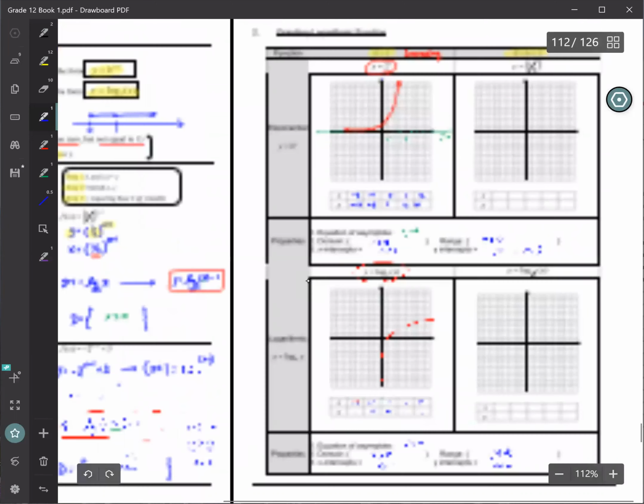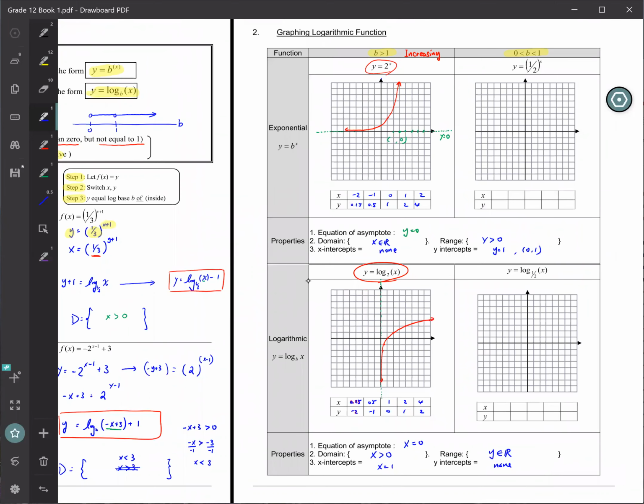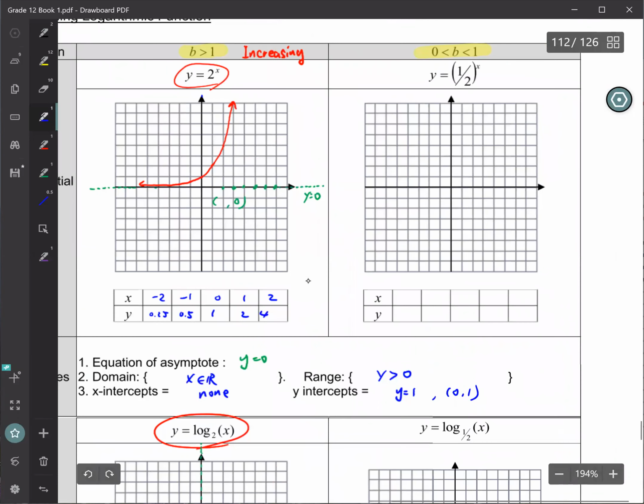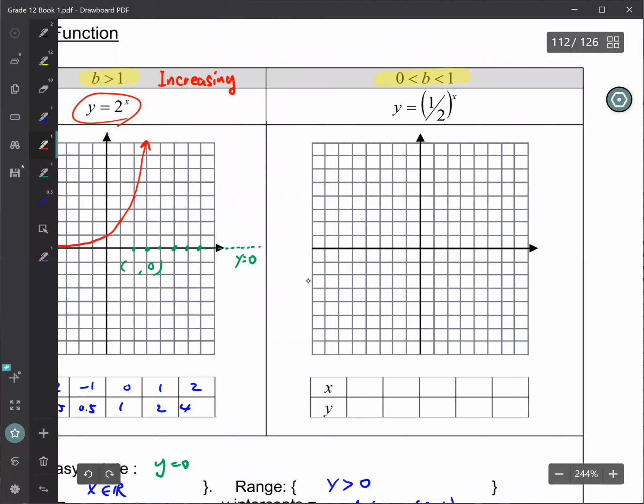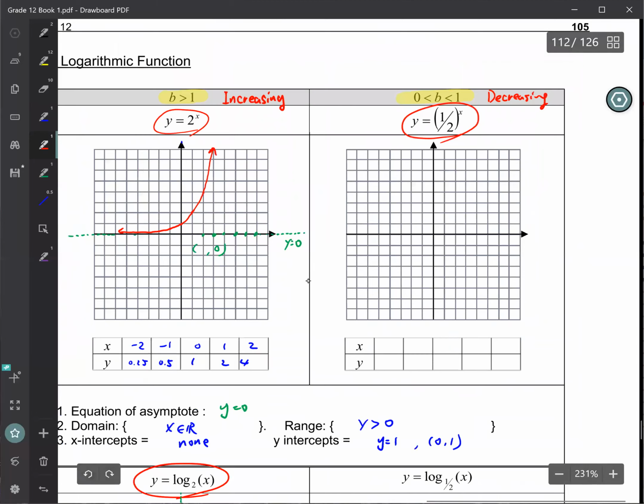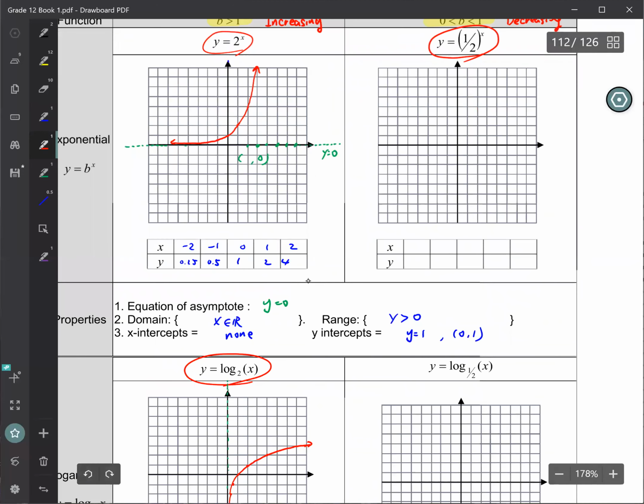So that's how we do the increasing. Decreasing can be filled out in a similar way, okay? So that's why I only do the one side, because the right-hand side is for you to do it, okay? So between 0 and 1, it will be decreasing. Right? So I chose 1/2 as an example, right? And then the bottom one, the log, also has a base of 1/2.